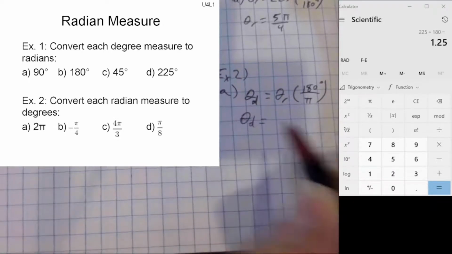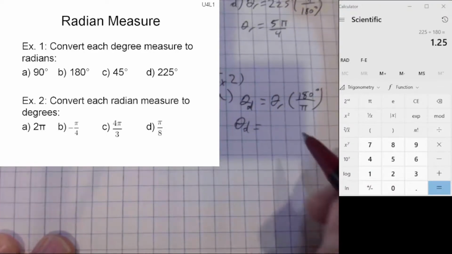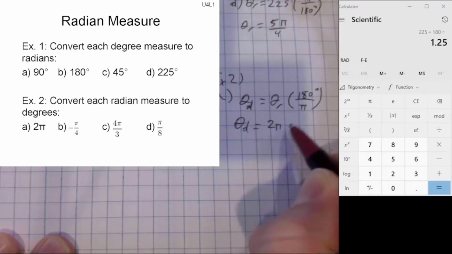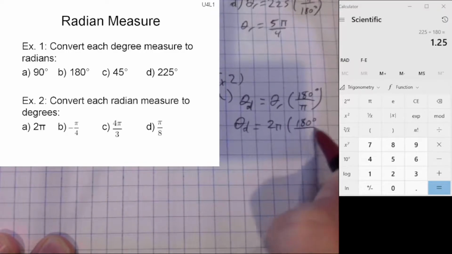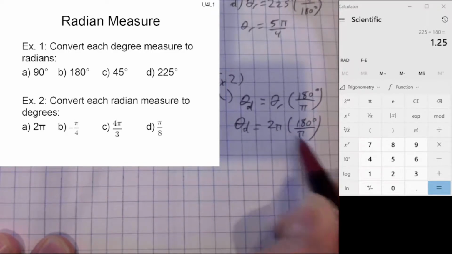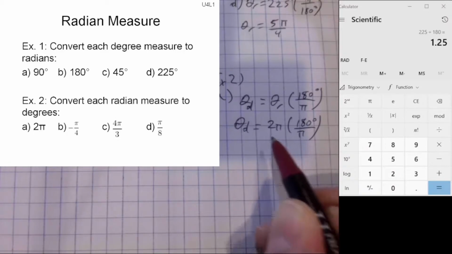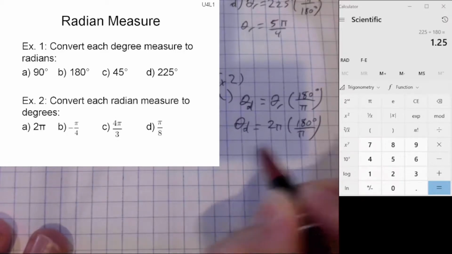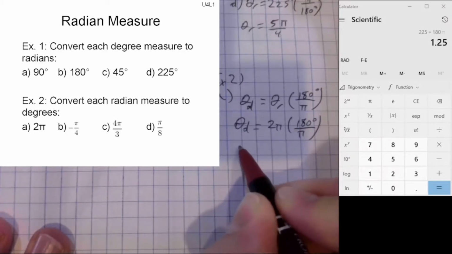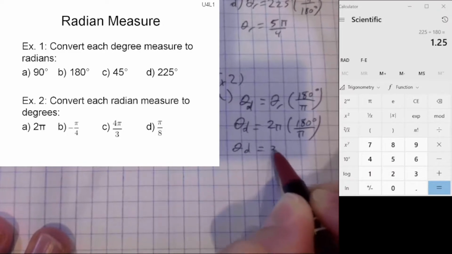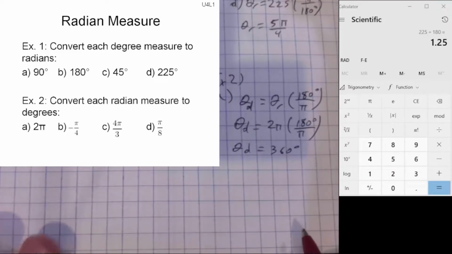For A, when we have 2 pi, the pi up here and the pi down here divide, and we're left with just 2 times 180. You can notice that now we have a symbol of degrees, so we have 360 degrees.